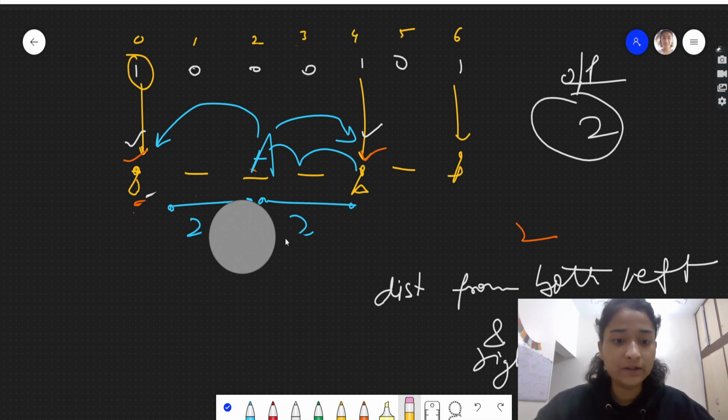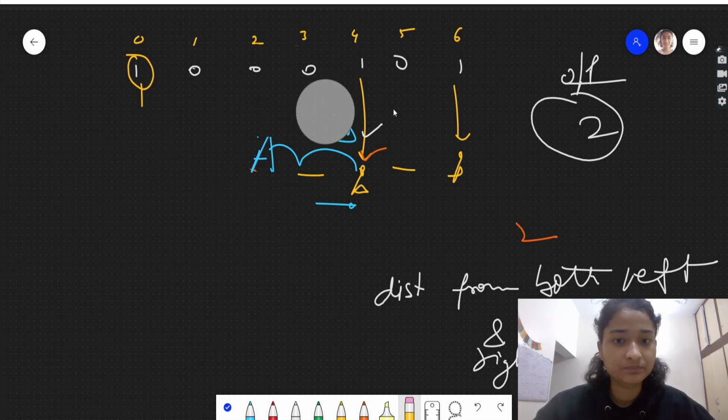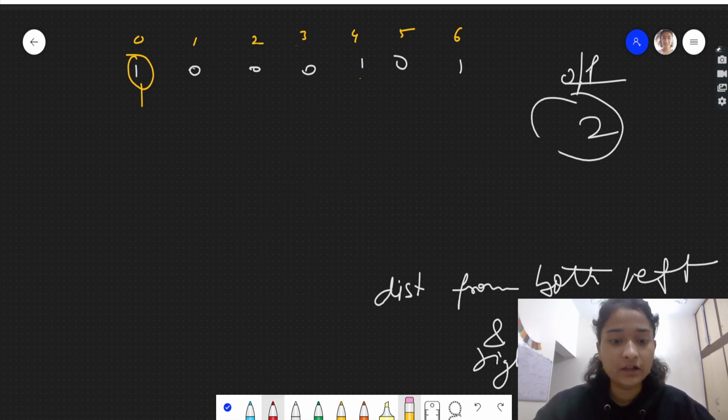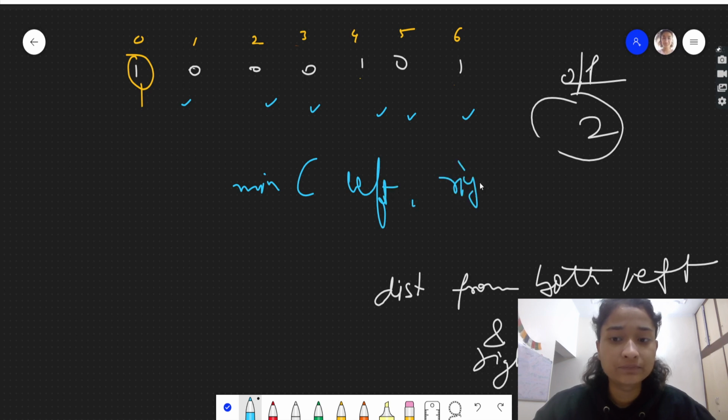Let's see how we can approach it. So see, just pause the video and think that for each position, we have to find what could be the minimum distance from both left and right.